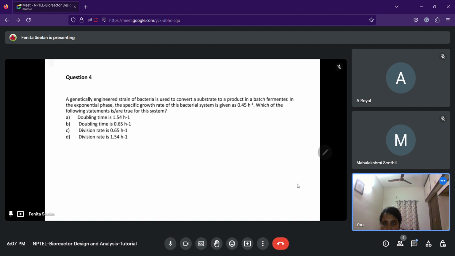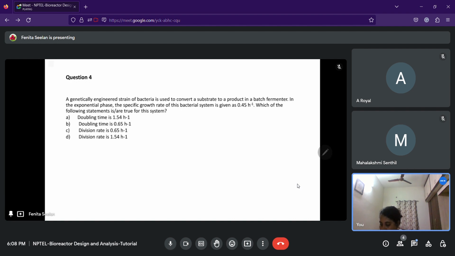The next question is a simpler mathematical problem. A genetically engineered strain of bacteria is used to convert a substrate to a product in a batch fermenter. In the exponential phase, the specific growth rate of this bacterial system is given as 0.45 per hour. Which of the following statements is true for the system?